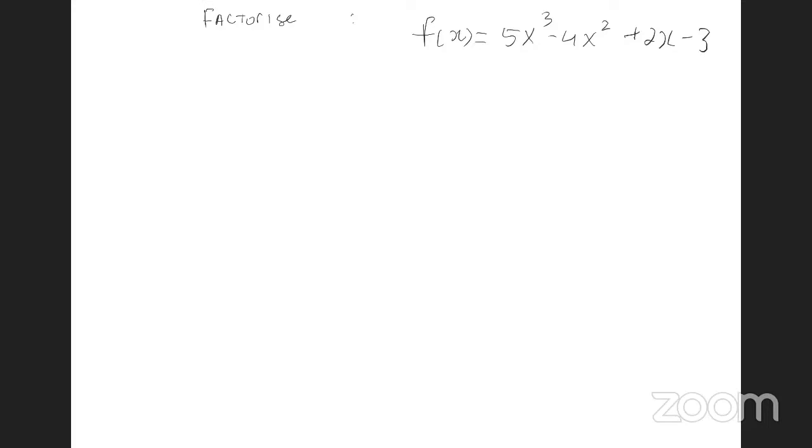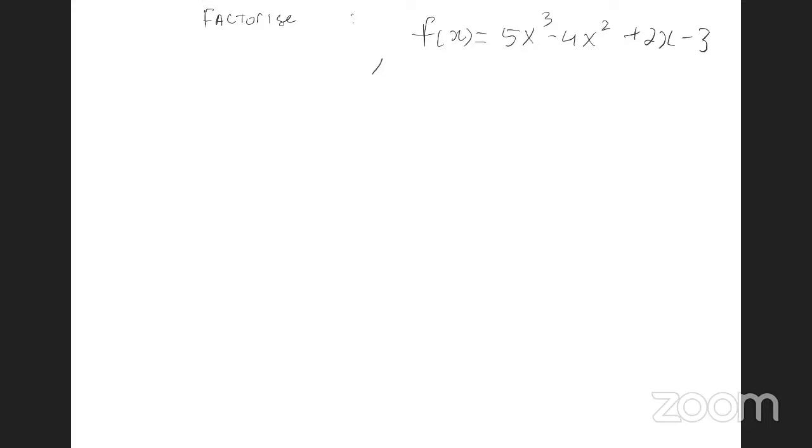Nobody? I told you you could use the calculator. And you could solve a cubic and you could get the first factor and work it out. Don't worry with that.